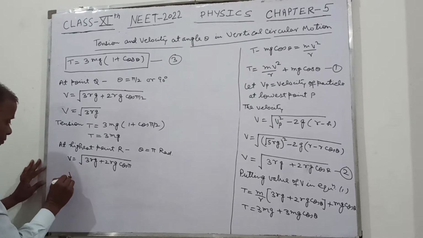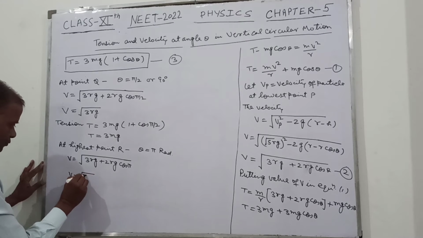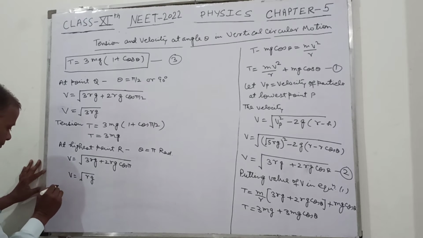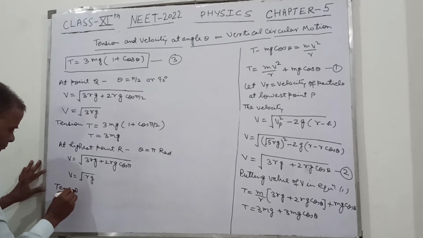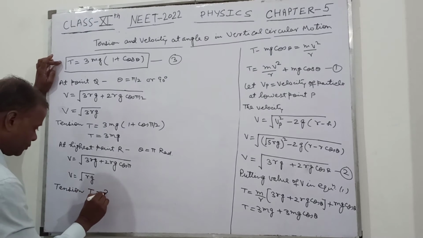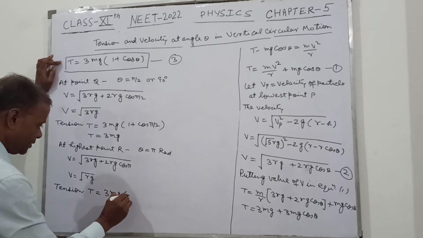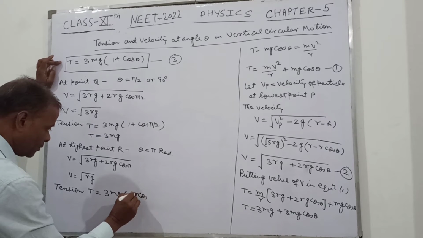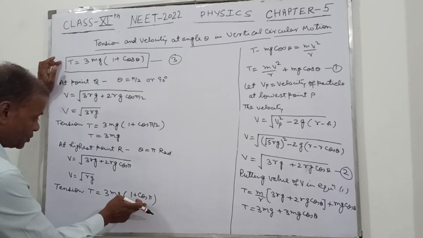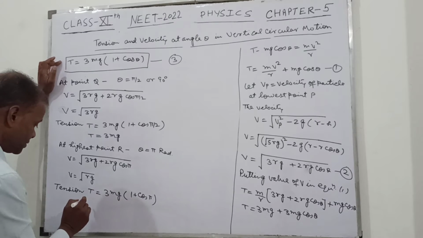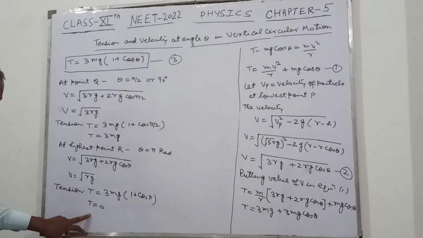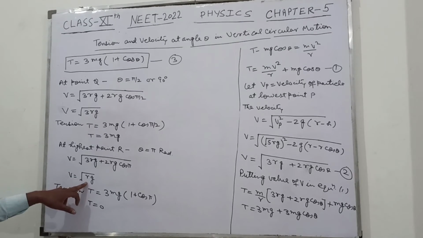So V equal to square root of Rg. This is now critical velocity, and the tension T equal to 3 mg into 1 plus cos pi, and cos pi is equal to minus 1. So minus 1 plus 1, this will be equal to 0. So this tension T is equal to 0. So at the highest point the tension is 0 and velocity is equal to square root of Rg.